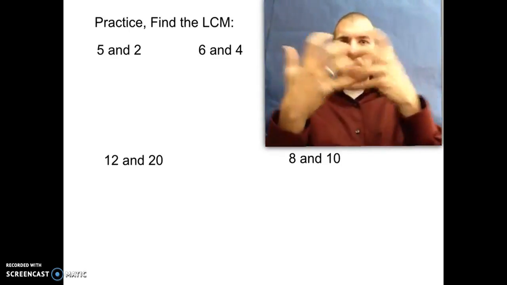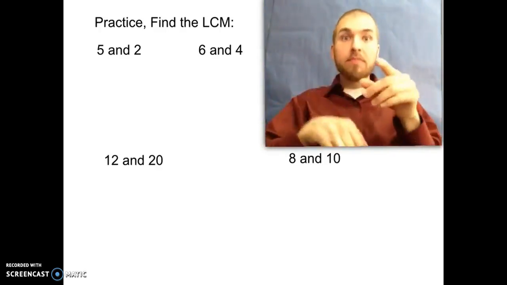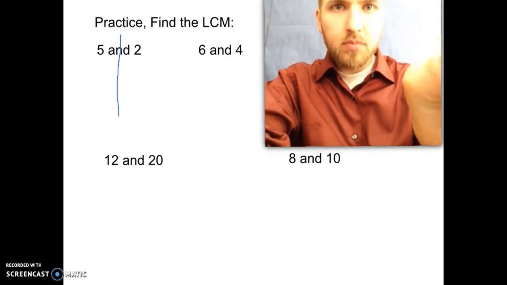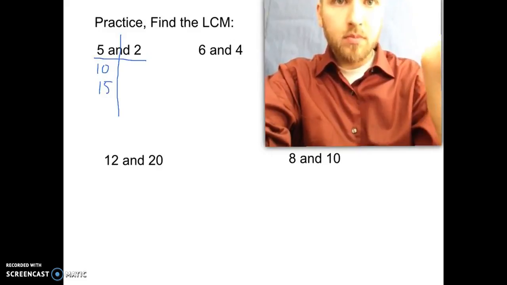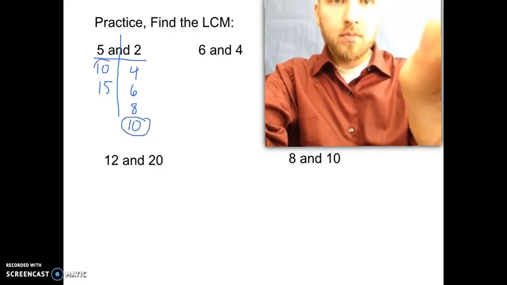So we have 5 and 2. We can use the listing method instead of the factoring method for this because they're pretty small numbers. So 10, 15, and 4, 6, 8, 10. Okay, so we can stop now.